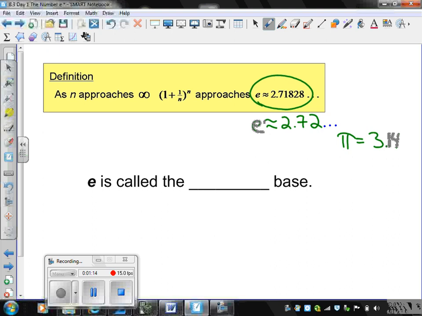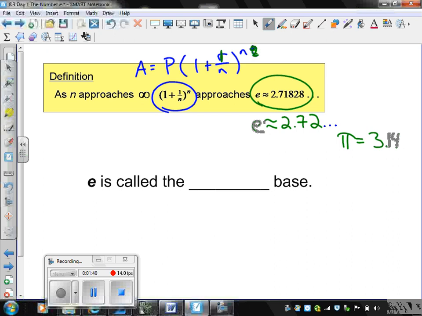Okay, so what is the number e? Well, I'm looking at this part of it right here. We've seen something like this before, right? In our compounding interest problems, where we had A equals P times 1 plus r over n to the nt. It's just a little simplified. The rate is gone, and we just put a 1 up here, and we got rid of the t. You don't need to know why, but that's what we did.